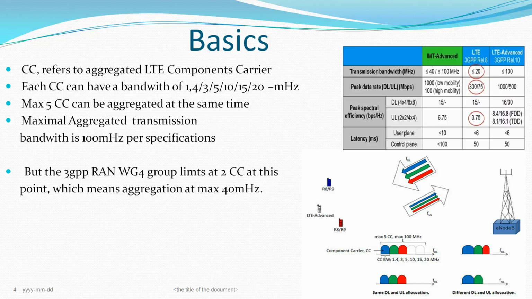It's lacking in transmission bandwidth, peak data rate, and peak spectral efficiency. If you look at the LTE Advanced release 10 network, which carrier aggregation is part of, you can see that it's matching all the 4G network requirements for all the different areas.